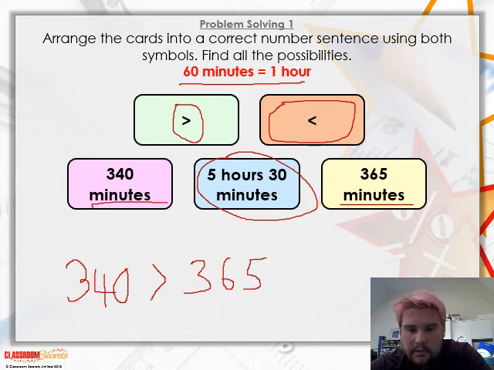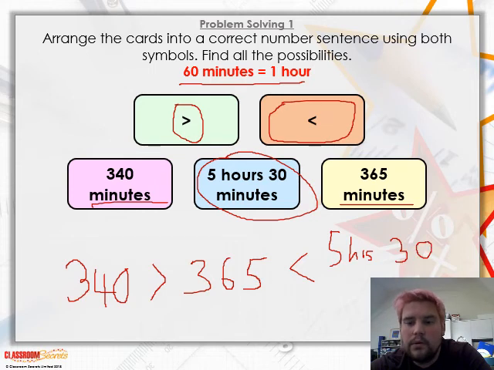But also 365 is less than 5 hours and 30 minutes, or your conversion. Okay, so yours is going to look something like that, but obviously it's going to be correct.